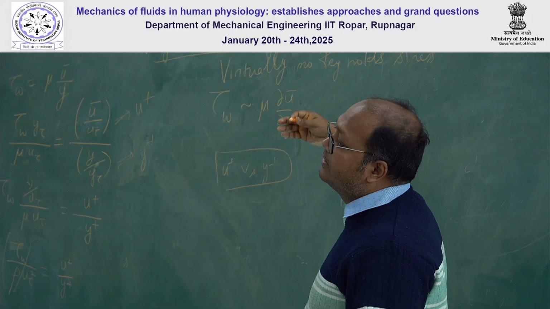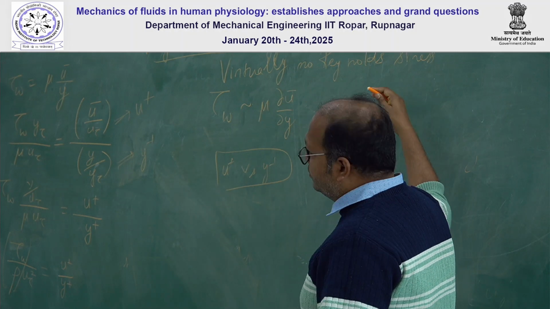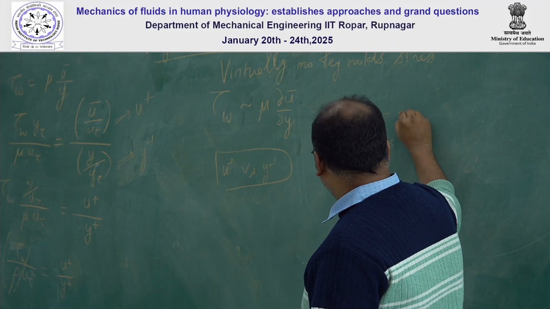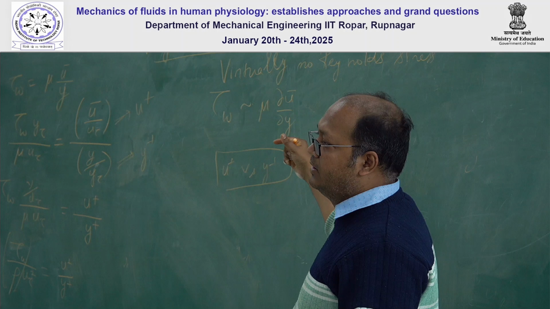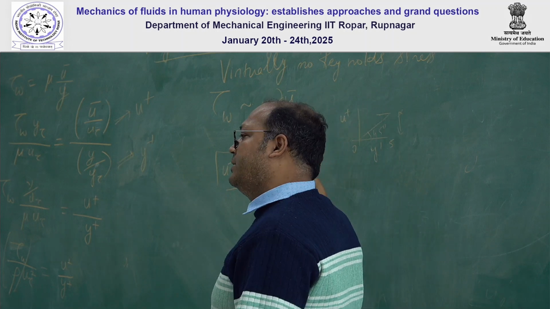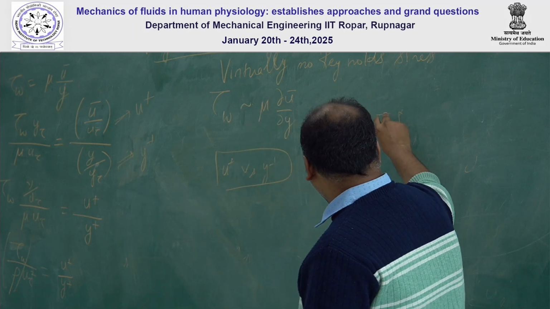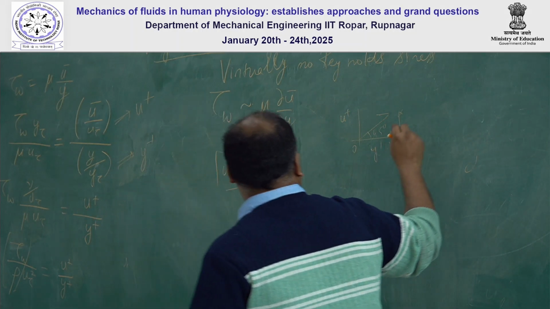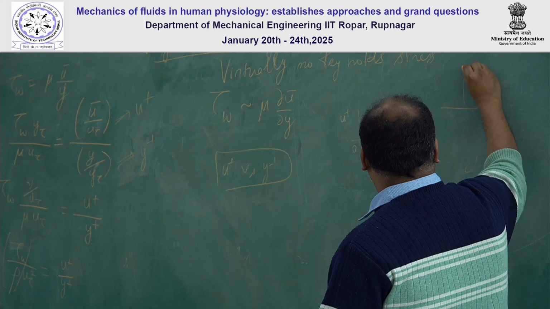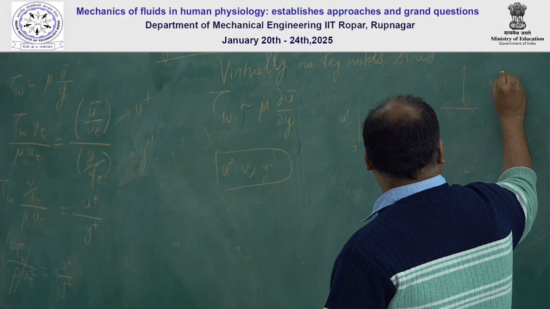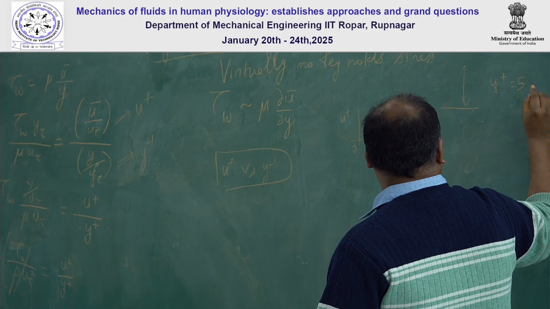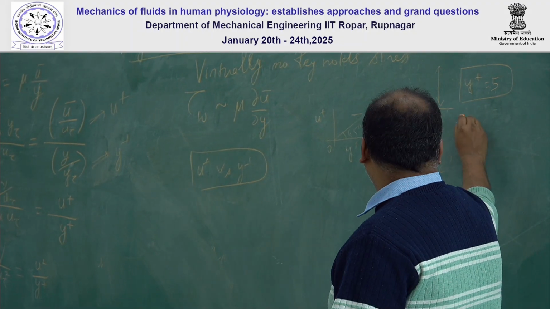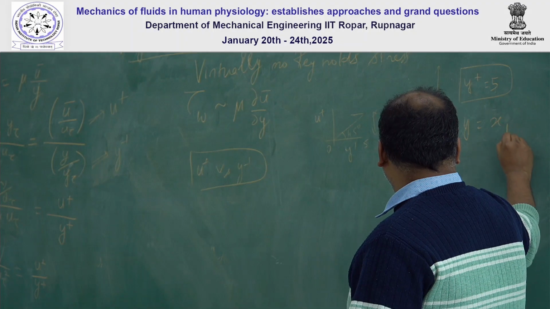First of all, we need to resolve the profile in such a way that this is a very small quantity. So the meshing has to be done in such a way that we have enough data here. Let's say the physical meshing is such that y plus equal to 5. If we convert it into some physical dimension, let's say it is y equal to x1.